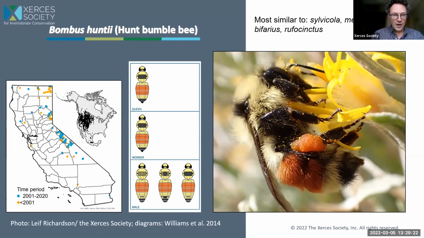Here is a common species found in California, primarily east of the Sierra Nevada and on the east slope of the mountains. They are found at upper elevations as well as down a bit lower, and also in Northern California. This bee is common throughout the West, as you can see in that thumbnail map that I will include in each of these slides.